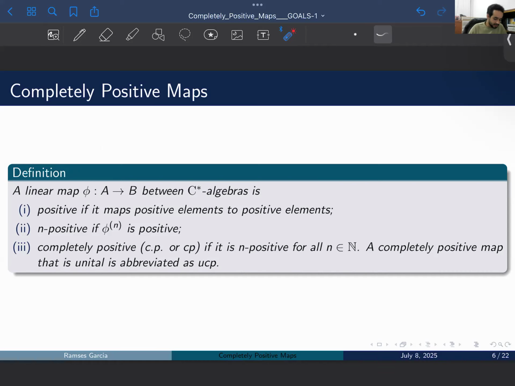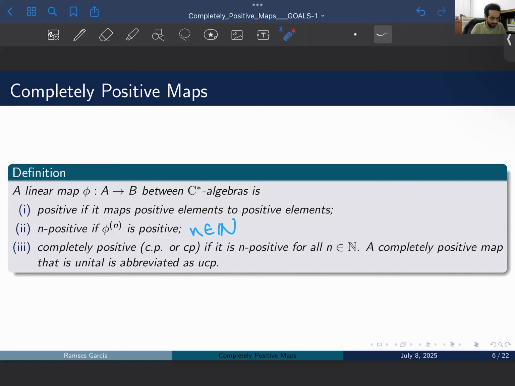Definition. Let's consider a linear map between C-star algebras. We are going to say that the linear map is positive if it maps positive elements to positive elements. I should say that n is a natural number. If n is a natural number, we say that phi is n positive if its amplification, phi n, is again positive.